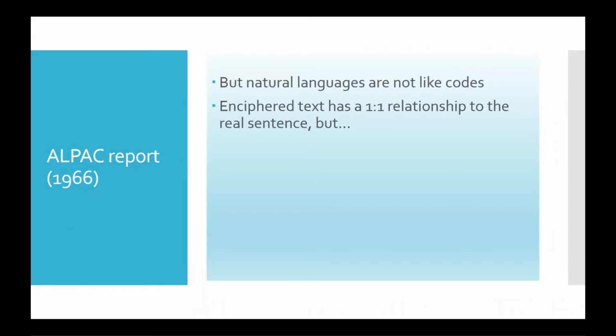Natural languages are not like codes. The relationship between the code and the message is not one-to-one, because every source language sentence can have very many potential correct translations. So there's no such thing as just the one correct decoding of the source language.